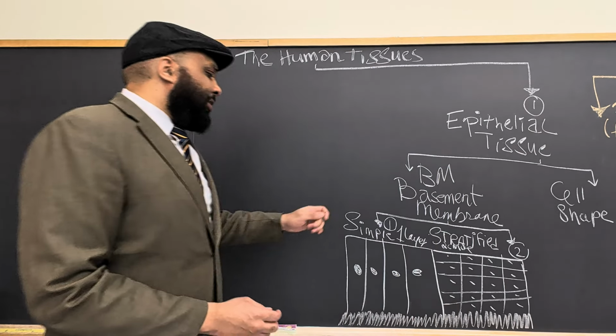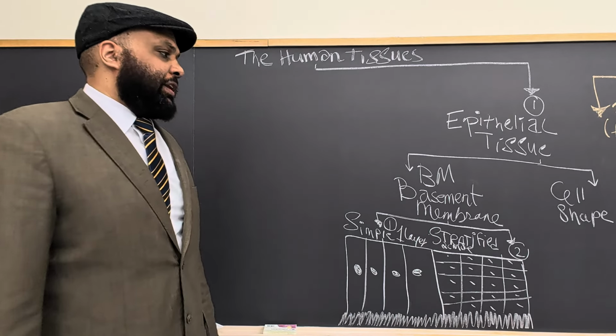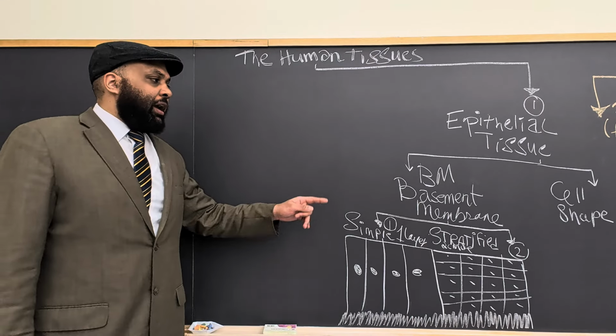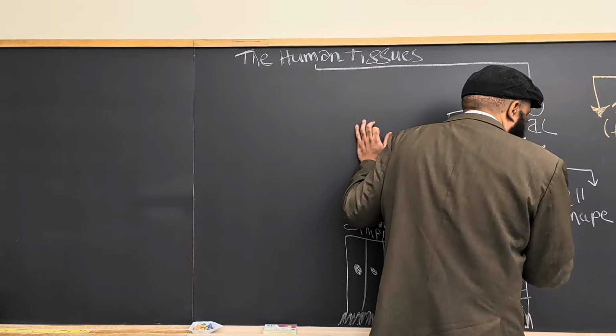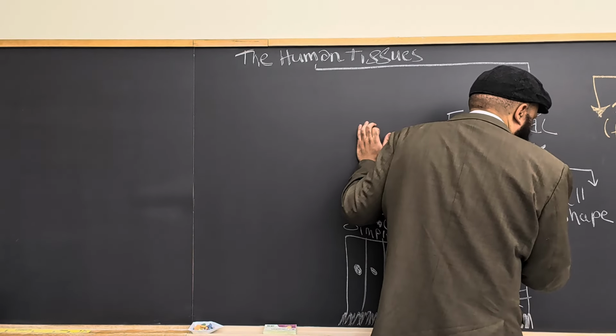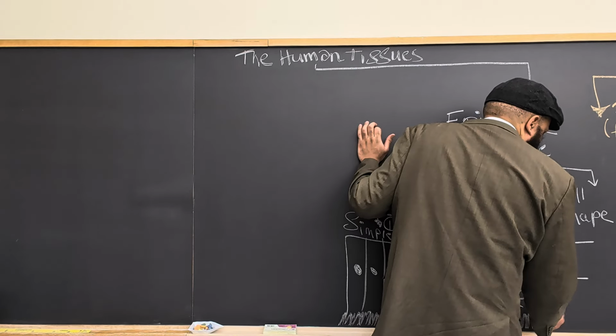Okay. Is that all the classification we need to know for the epithelial tissue? So we have the basement membrane and we have the cell shape. There are how many cell shapes that the epithelial tissue can exist in? 3. 1, 2, and 3.